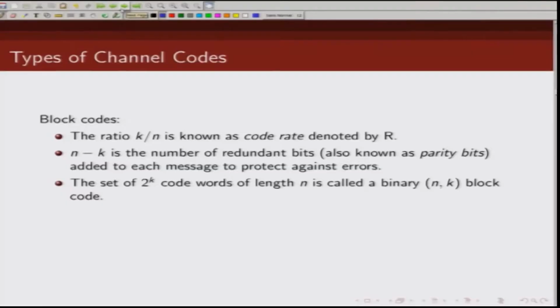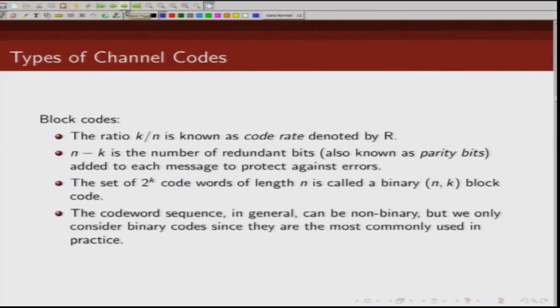So a binary n k block code consists of 2^k code words, each of length n. These code words need not be binary, and the same theory mostly applies to non-binary code words as well, but we will restrict our discussion to binary code words.